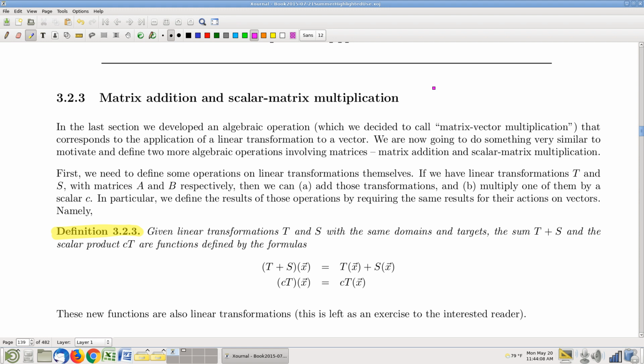Well, how do you add linear transformations? That's a pretty straightforward matter. Don't forget linear transformations are functions. Adding functions is something we've been doing for a long time. The way you add two functions is by adding their output values.